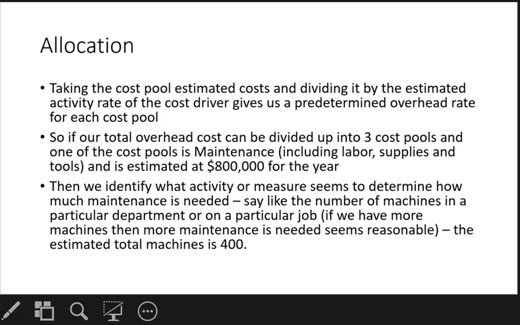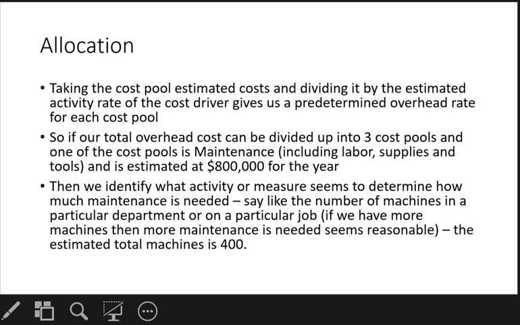Say we think that the number of machines in the particular department, or on a particular job, or for a particular product, seems to be a good cost driver, because the more machines we have, the more maintenance is needed. The more we have to call maintenance, the more maintenance people and maintenance supplies would be used to maintain our machines.